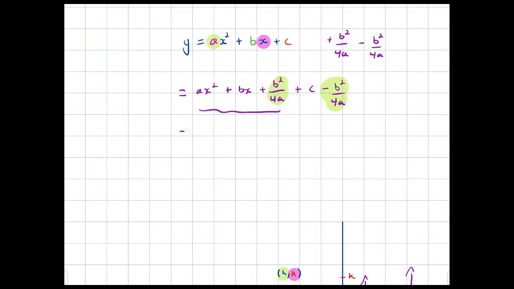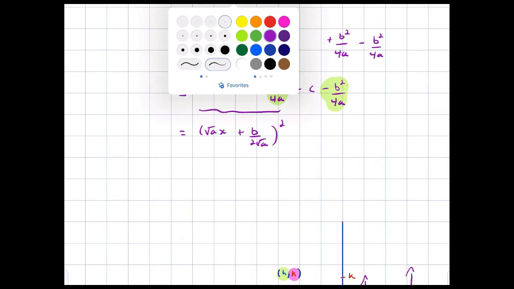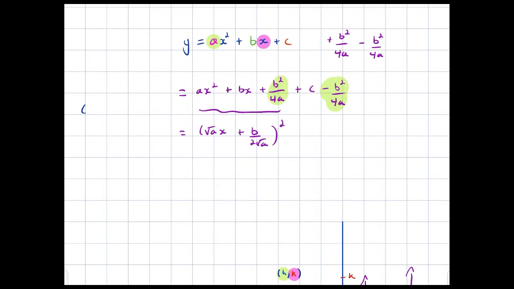It's the exact same thing, except that this bit here is now a perfect square. This is, in fact, the square root of a times x plus b over 2 times the square root of a, squared. How do I know that it's that? Well, if I have a perfect square term, say x plus y squared, after I FOIL this out, I get x squared plus 2xy plus y squared.